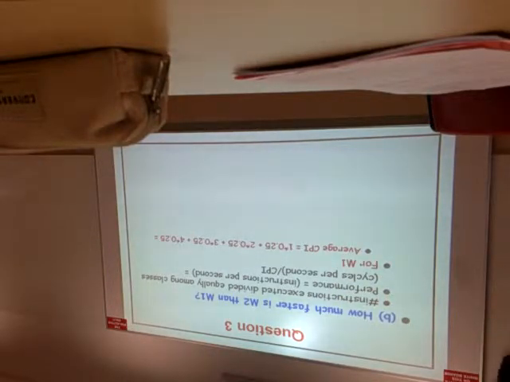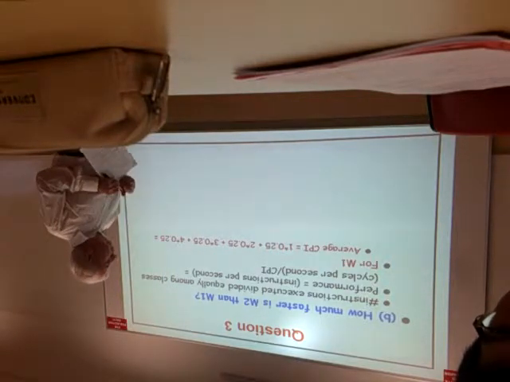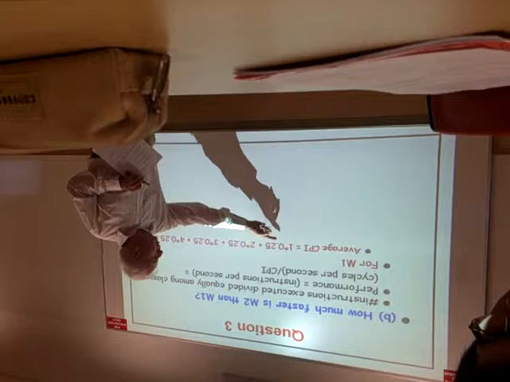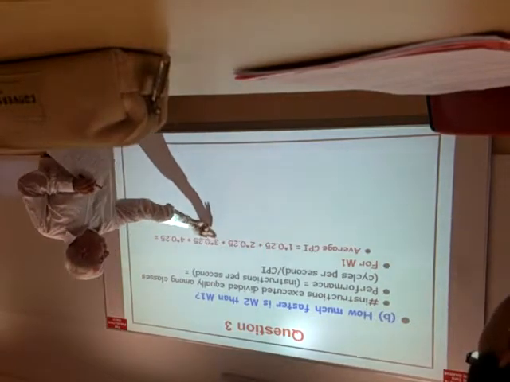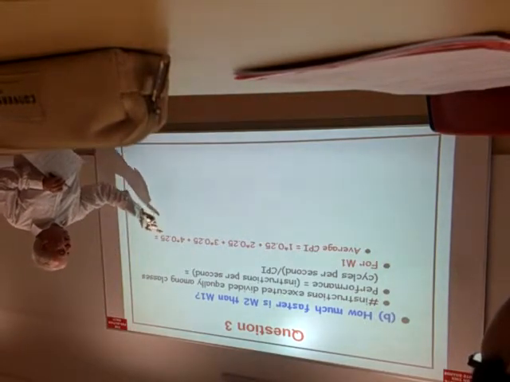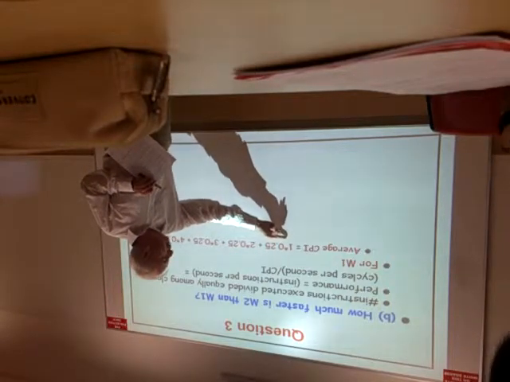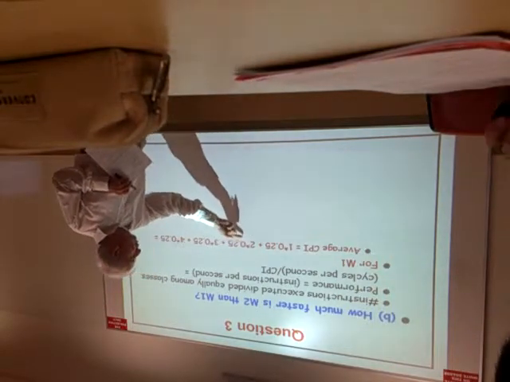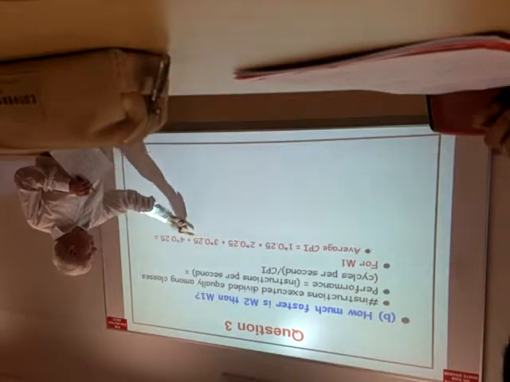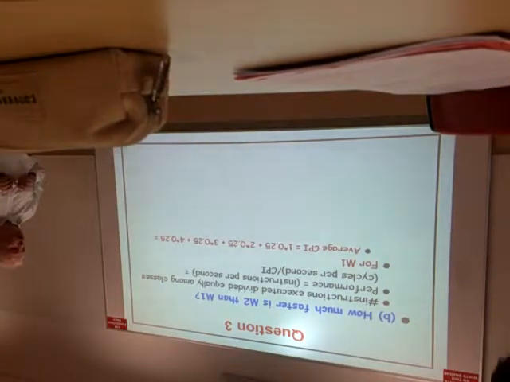So for M1, we can calculate the average CPI. The instructions are divided equally, so we have 25% for one quarter of instructions with CPI 1, one quarter with CPI 2, one quarter with CPI 3, one quarter with CPI 4.